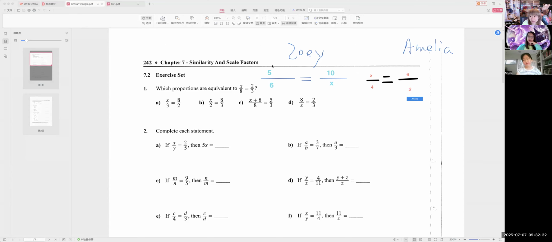Okay, so why I like that, Zoe, is because if you put a 10 here, it's not in simplest form, right? So it's not a perfect question. So this is a very good idea. If Zoe gave us a question like that, are you going to calculate first or simplify first? I will suggest you simplify first.